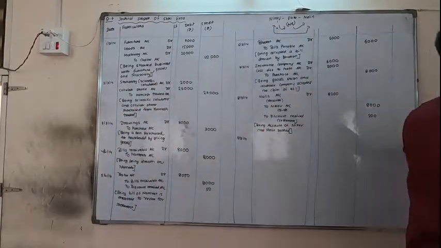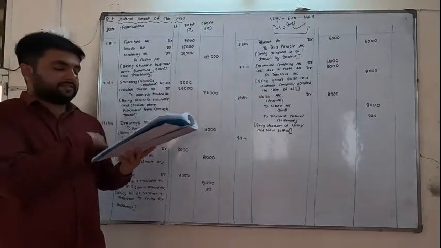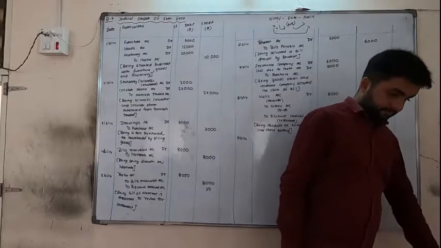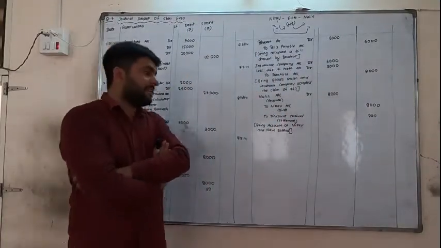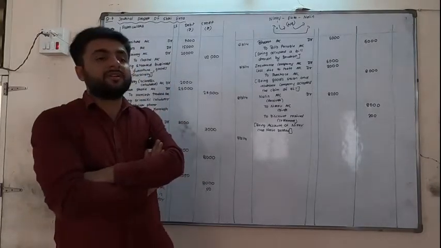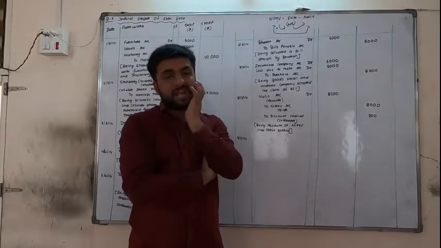Next is 9/3/40. Cash received from Rajendra for bad debts recovered. We are receiving the cash from Rajendra for bad debts recovered. Now this entry is to be recorded here because it is not recorded anywhere and it is left to record.